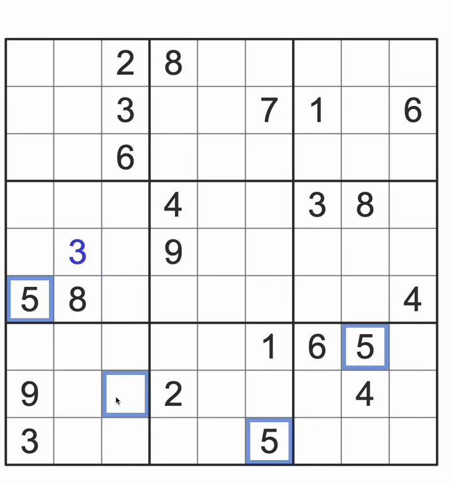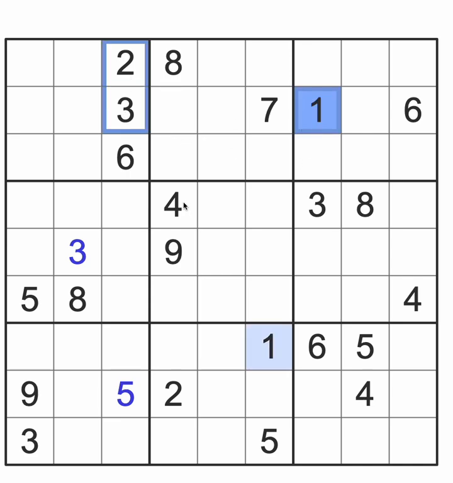They block these. Gives me 5 here. And there's a naked single, which is here. This cell is blocked by 1, 2, 3, 4, not by 5, but by 6, 7, 8, 9. So this cell becomes 5.